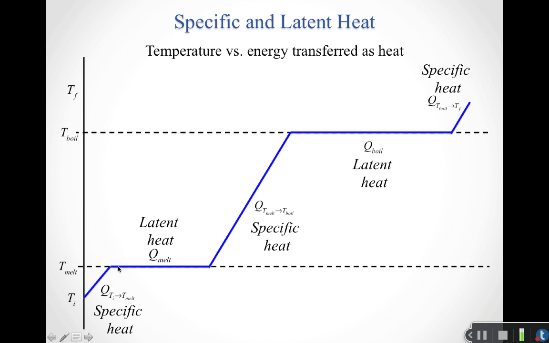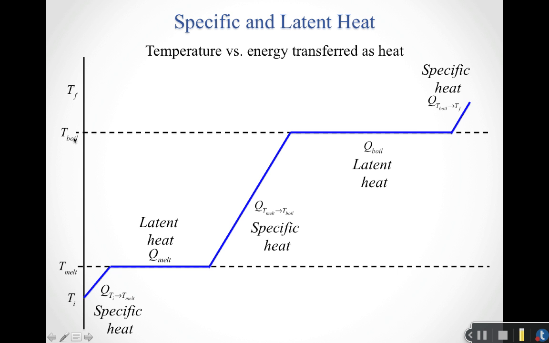So clearly a temperature change, so these 3 are specific heat processes. There are 2 latent heat processes. So again, here we're not changing temperature. Here we have a latent heat of fusion because we're melting. So we're at the melting temperature, but that energy is going to change the phase. It goes from solid here to liquid there.